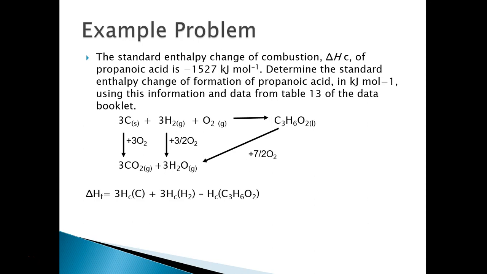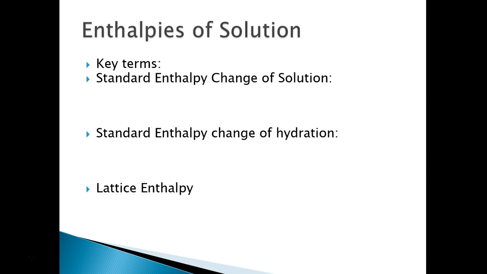And so we can solve 3 times the heat of combustion of carbon plus 3 times the heat of combustion of hydrogen minus the heat of combustion of propanoic acid, and we get negative 513 kilojoules per mole. Now, if we try to check this one in table 12, propanoic acid is not included, but methanoic and ethanoic are, and you see that there's a general trend, and it fits with the trend. So that tells us that our answer is probably correct.